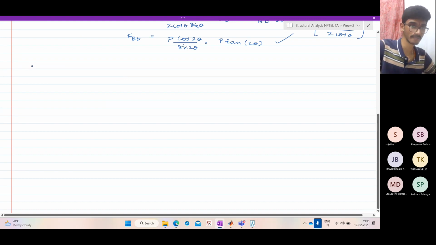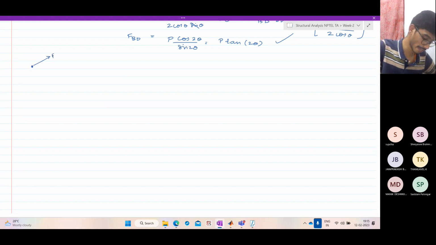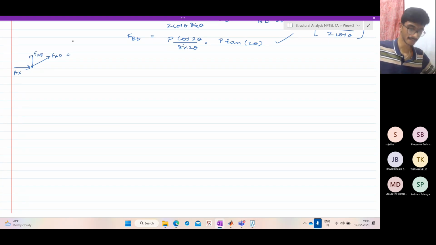So if you look at joint A, you have FAD, unknown horizontal force AX, and FAB. We got FAD as P by sin 2 theta, right? So FAD is P by sin 2 theta.